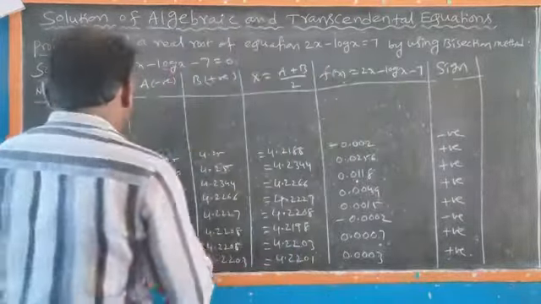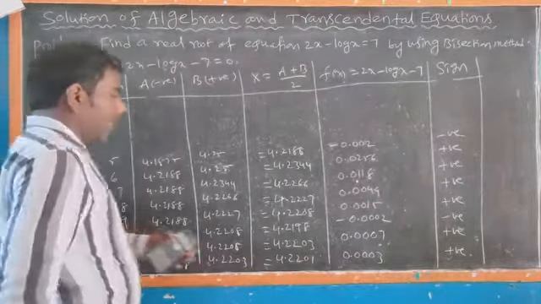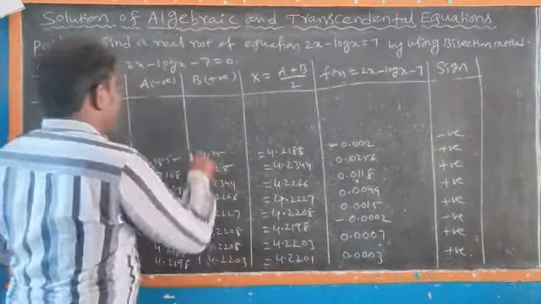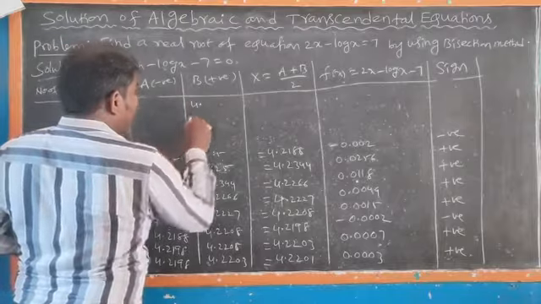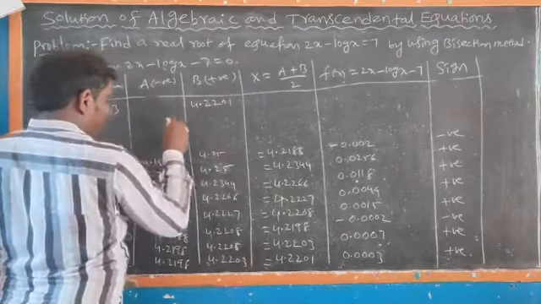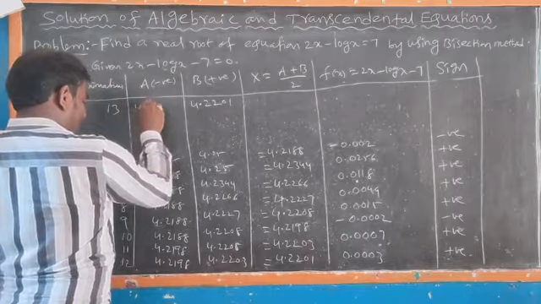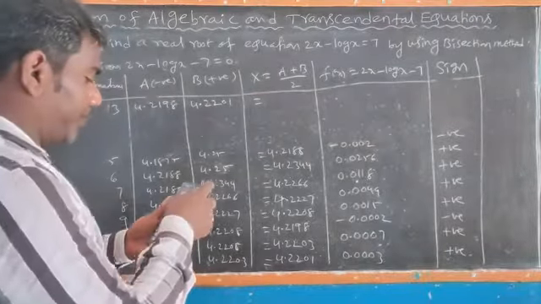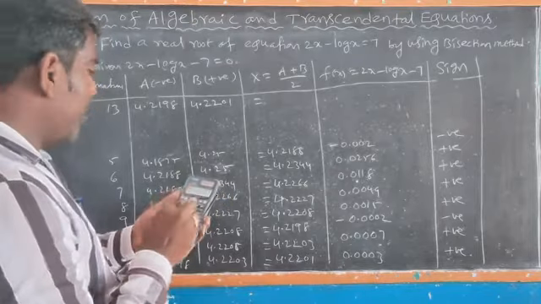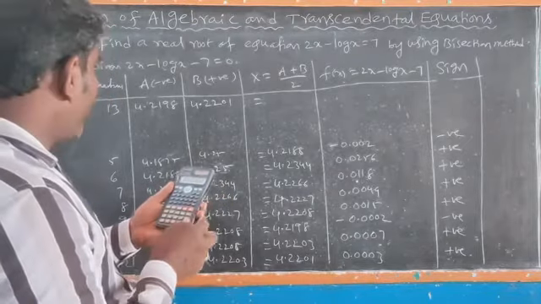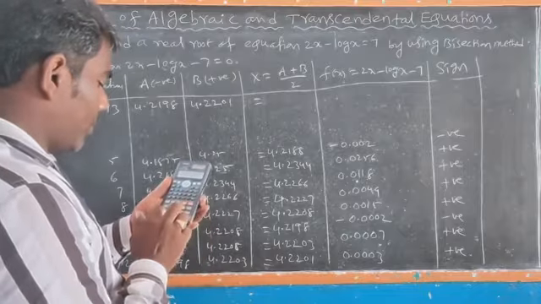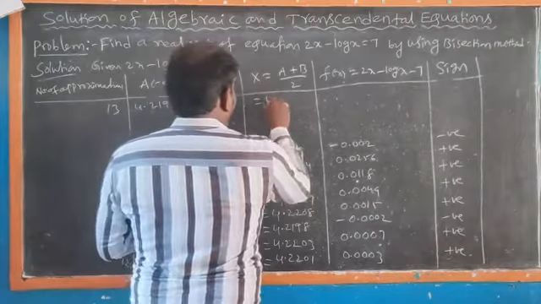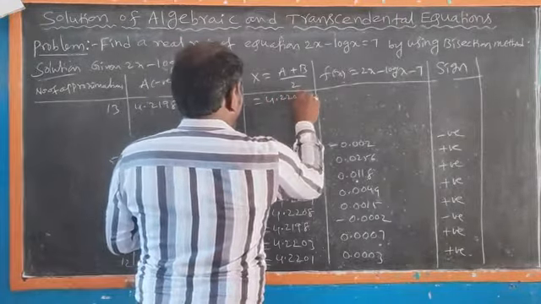Now the next approximation, the 13th approximation. So here f(x) is a positive value. So substitute x in b, 4.2201, a value 4.2198. Okay, calc: a value 4.2198, b value 4.2201, then 4.2200.